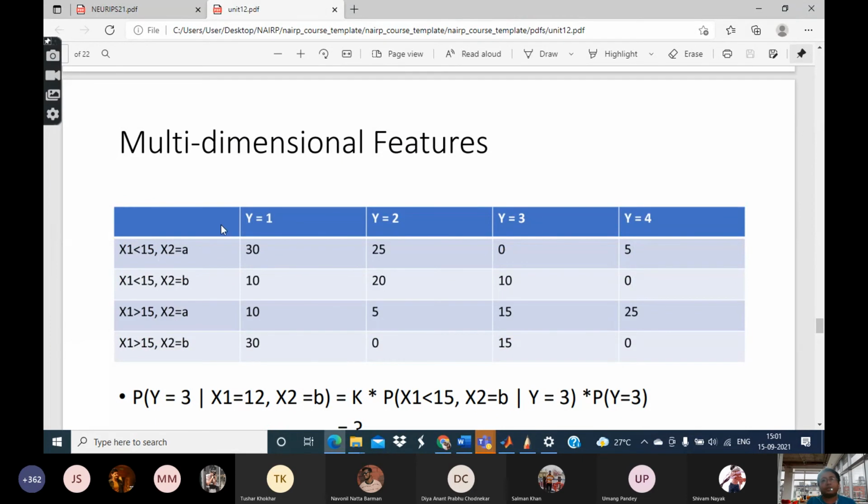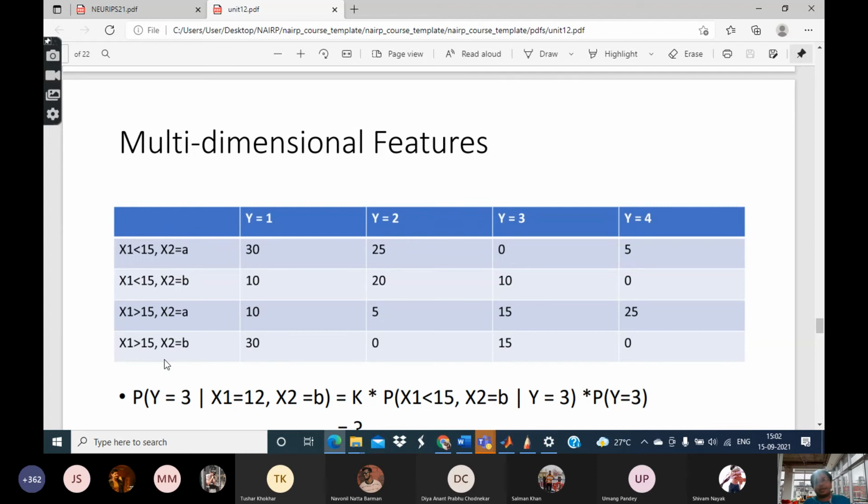In the previous case there was one feature taking two values, and we had two rows in the table. Now we have two features, each of them taking two values, so we got 2 into 2 equal to 4 rows.